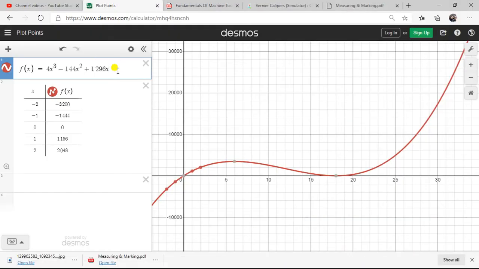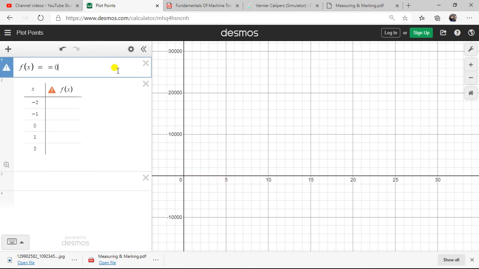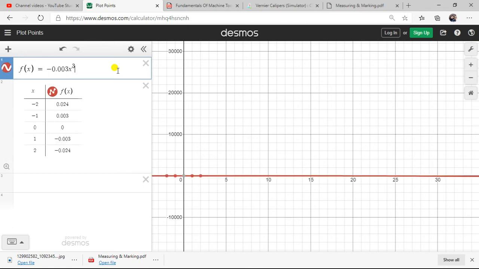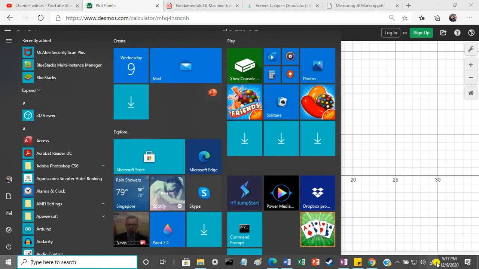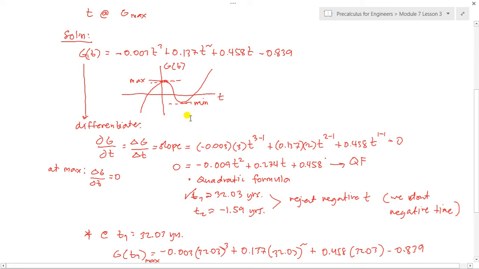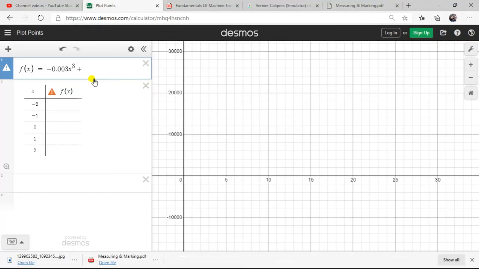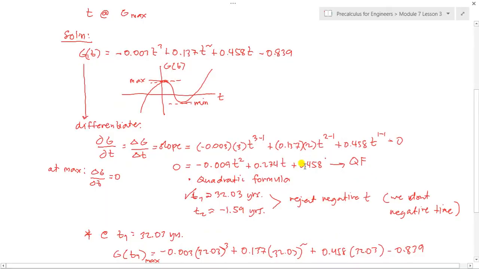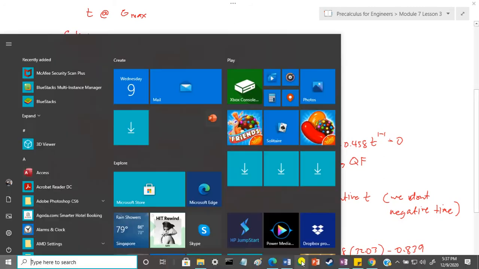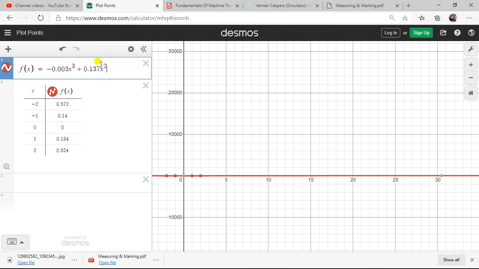So using the annual calculator, ato plot, that is negative 0.003 x cube, then plus 0.137 x squared, plus 0.458 x minus 0.839.